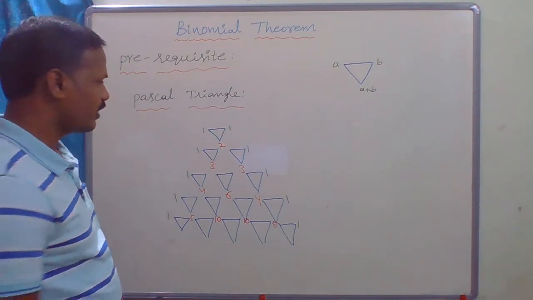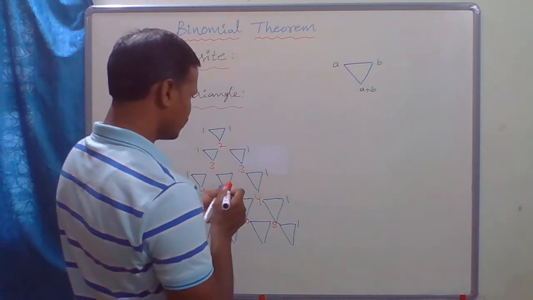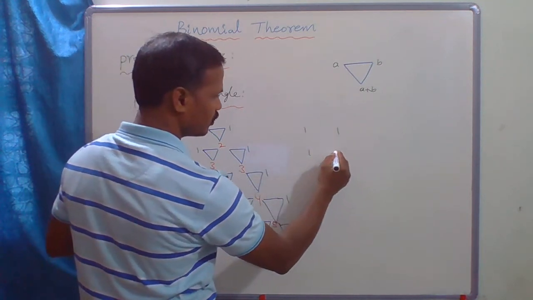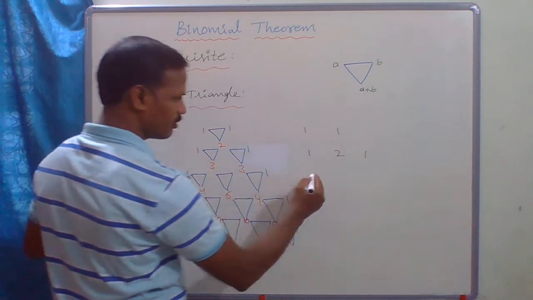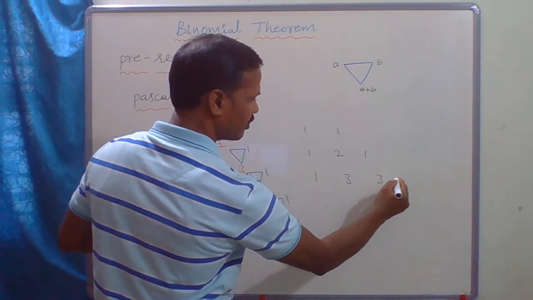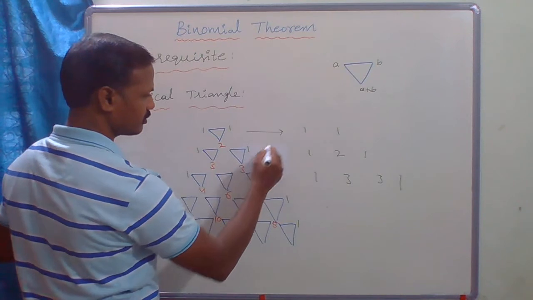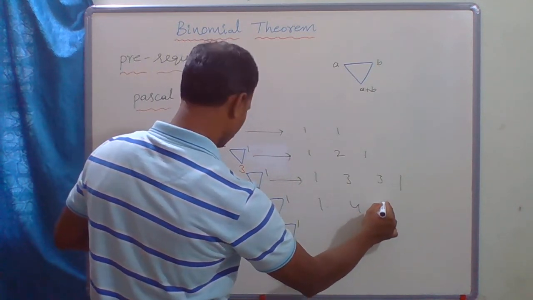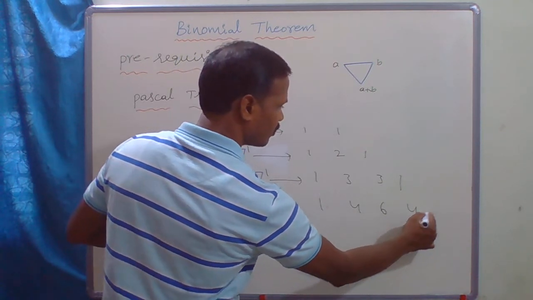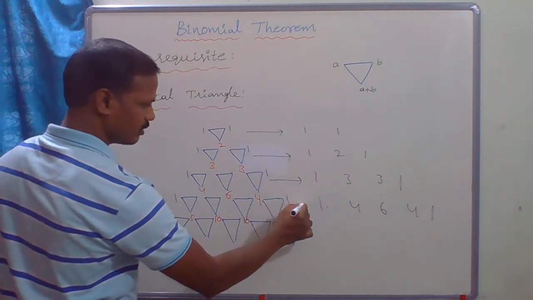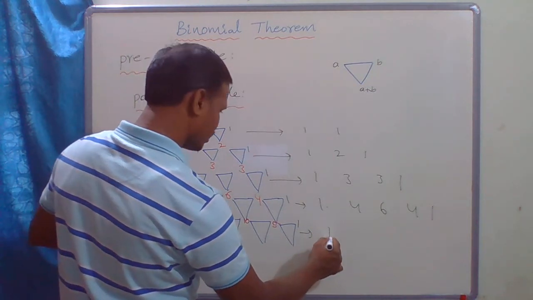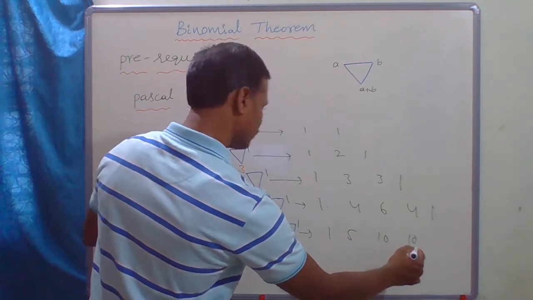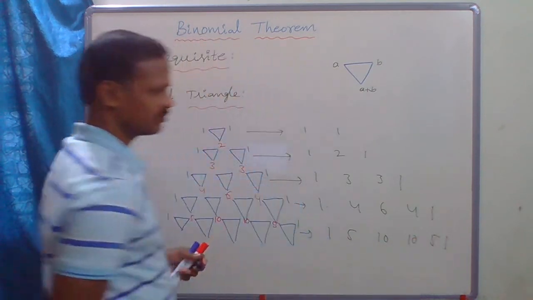Here 1 1 1, here 1 2 1, here 1 3 3 1, now here 1 4 6 4 1, now this one 1 5 10 10 5 1.